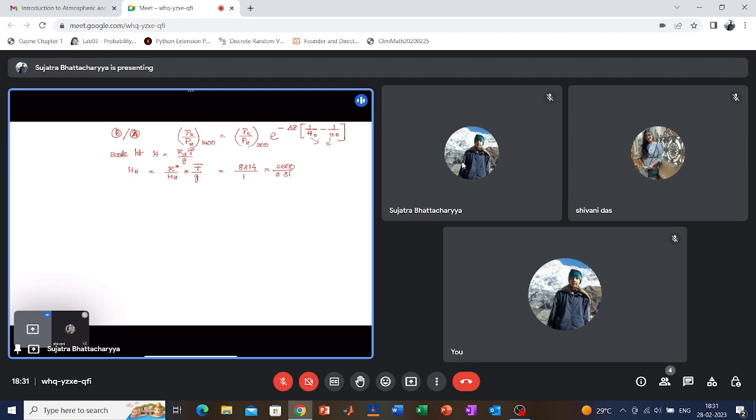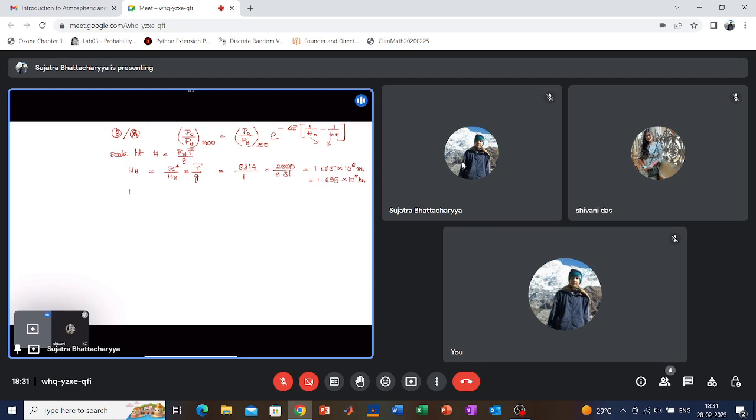And if you do it, it will come out to be about 1.695 into 10 to the power 6 meters, or you can write 1.695 into 10 cube kilometers, because delta Z is in kilometers, so why do it in meters.